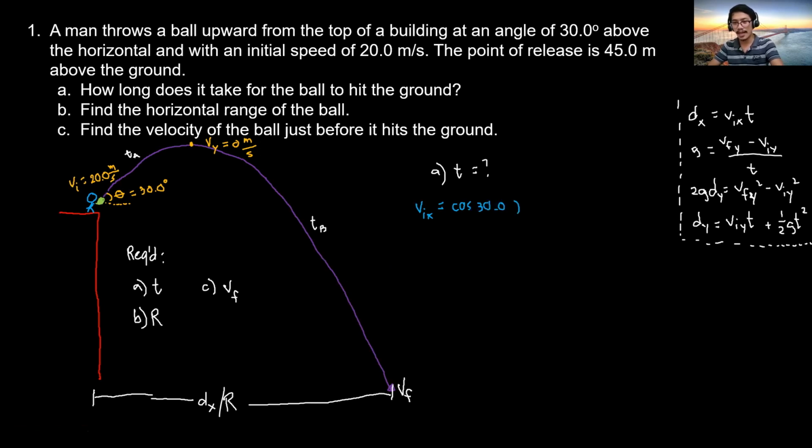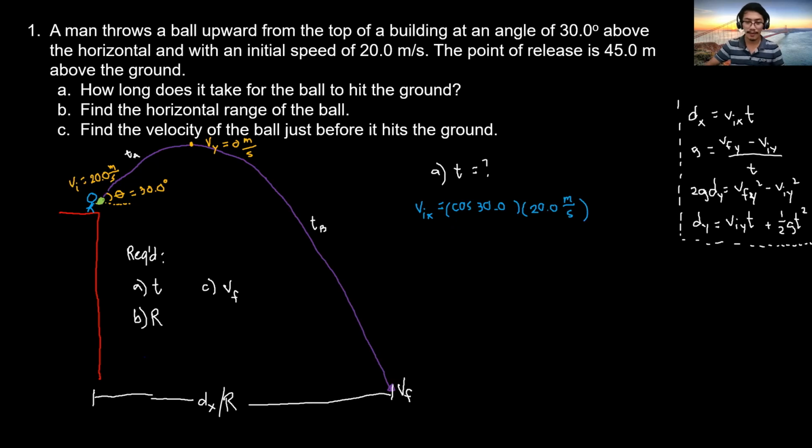Cosine of 30 times the initial velocity, 20.0 meters per second. So everything is given, and we can solve that directly on the calculator. So cos 30.0 times 20.0, and that is 10 square root of 3.